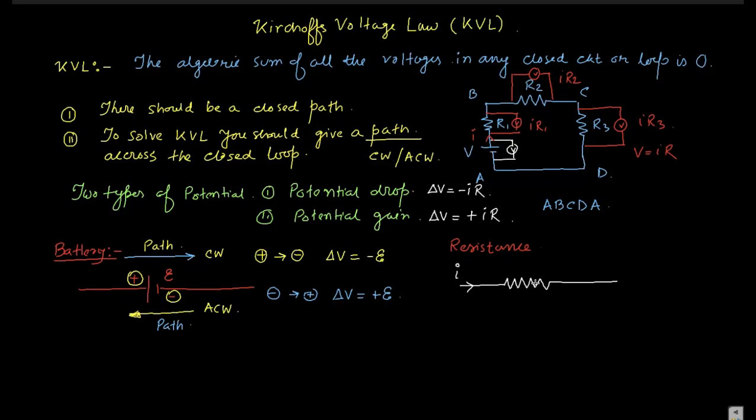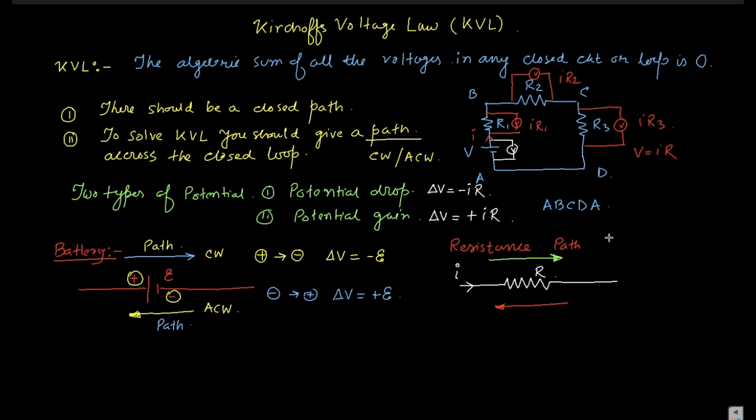If the current I is flowing through a resistance R, then you can consider a path in this direction and a path in this direction. Now, in which condition is there a potential drop across R or a potential gain across R? If you consider this path, the direction of I and the direction of the path are in the same direction.